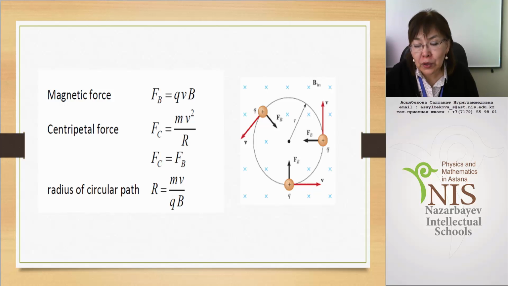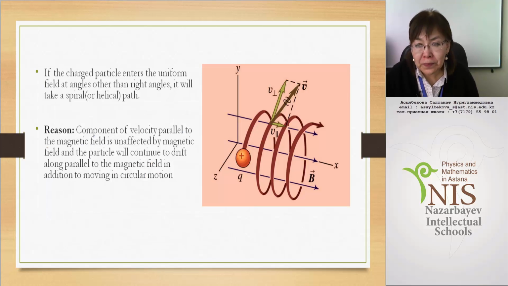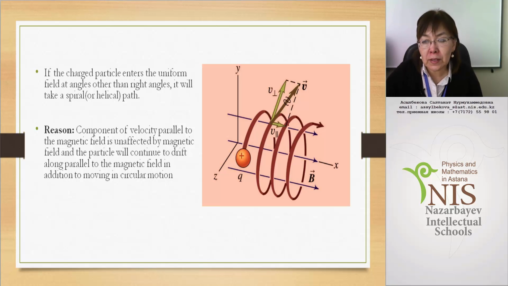And if you combine the two formulas together, I mean centripetal force and magnetic force, balancing them, we can get an expression to calculate R.